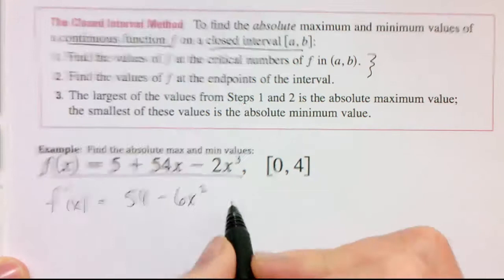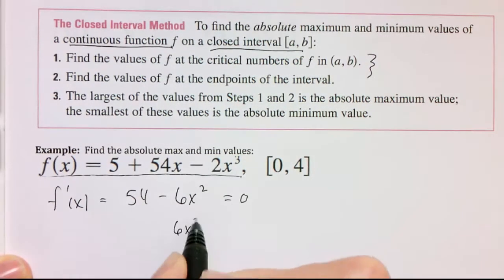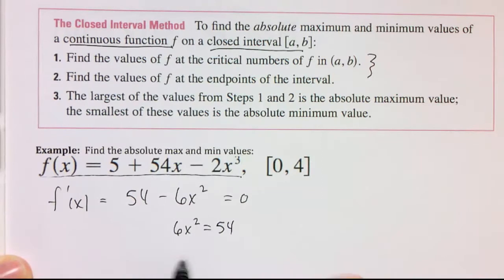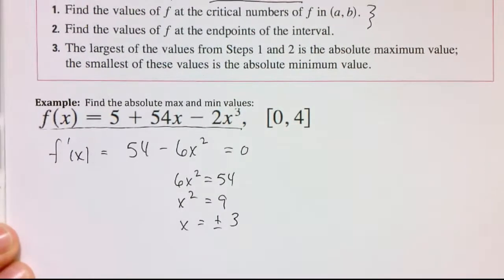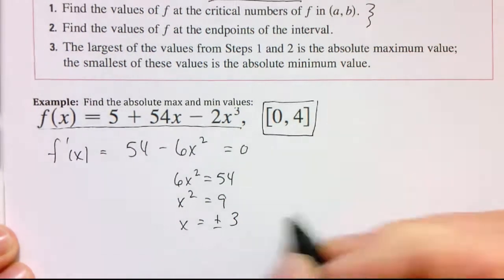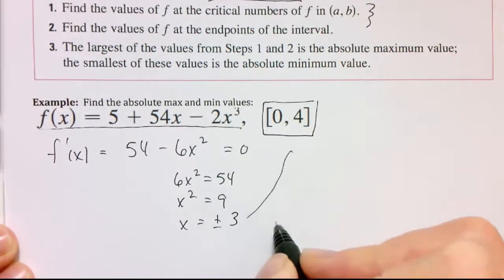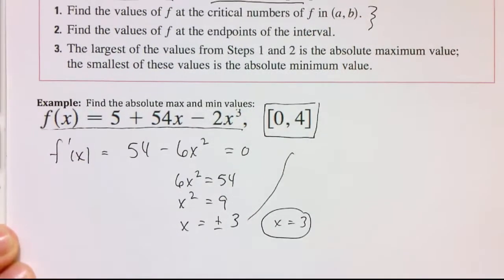So I take the derivative, set it equal to 0, divide both sides by 6, and I get x is plus or minus 3. So on the closed interval from 0 to 4, I only need to consider x equals 3. I don't need to look at minus 3.